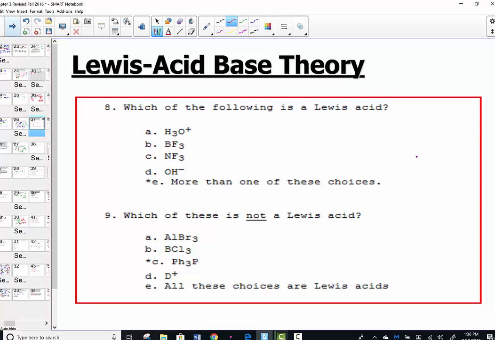Which of the following is a Lewis acid? So electron deficient. I want you to notice that hydronium H3O+ has an extra proton on it, doesn't it? And if it's going to be a Lewis acid, it's going to be a Bronsted-Lowry acid, it's going to be an Arrhenius acid.